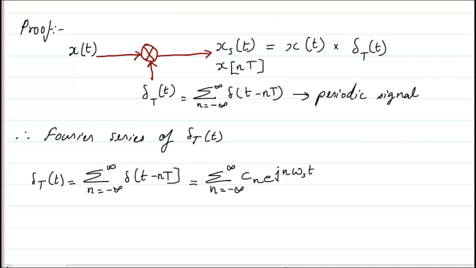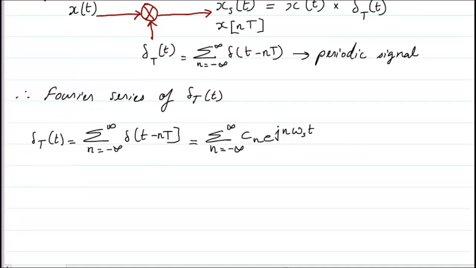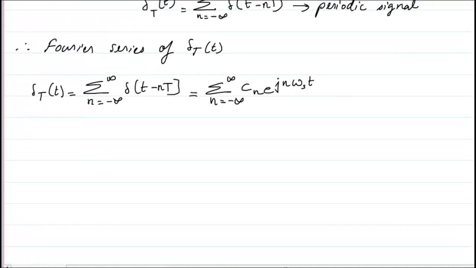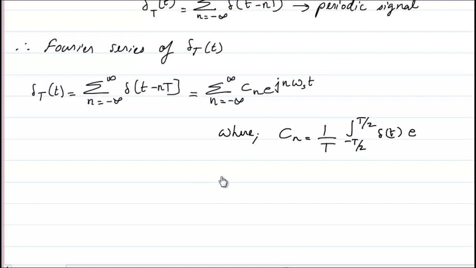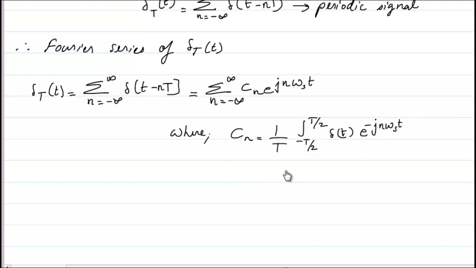Now here you can get c_n, where c_n you can find using the equation 1 by T integral from minus T by 2 to plus T by 2 of delta(t) e raised to power minus j n omega_s t dt.